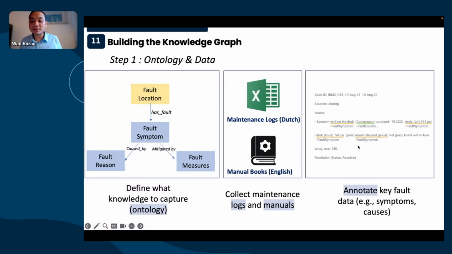Those are also symptoms. Another symptom is "maat slepend geluid", which means the compressor makes dragging sounds. Maybe there's a friction problem. So this is the annotation that I did, and I did this for 25 cases.